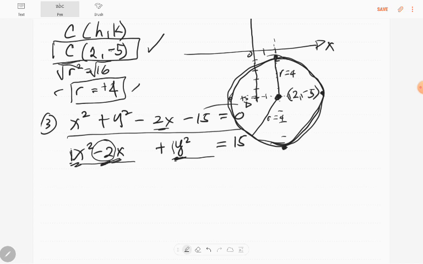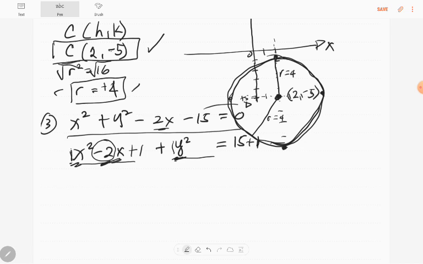Half of negative 2 is negative 1, right? You square negative 1, that would be positive 1. So it's like you have added positive 1 here, so we need to add positive 1 on the other side also.